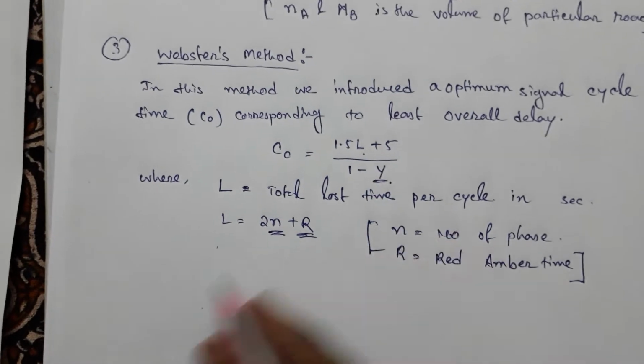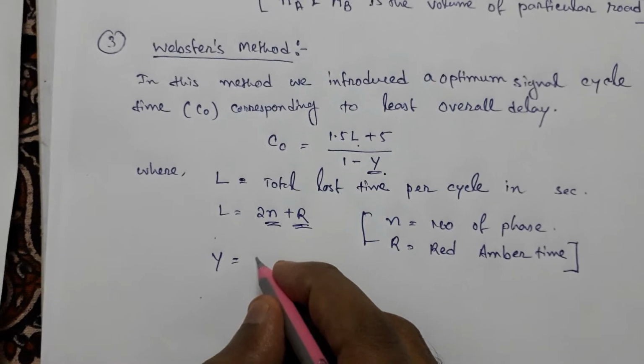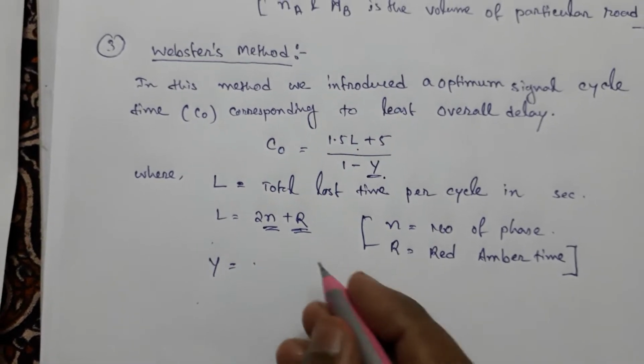And what is Y? Y is the ratio between normal flow and saturation flow.